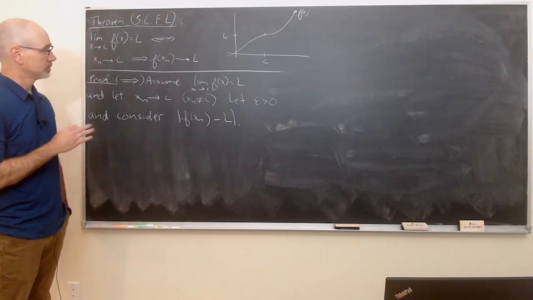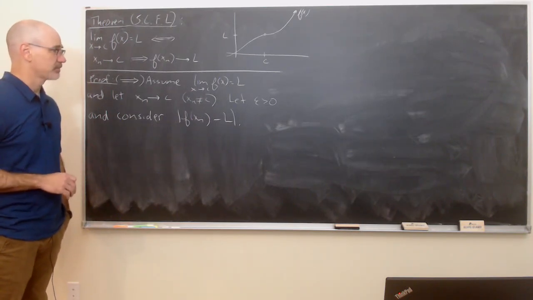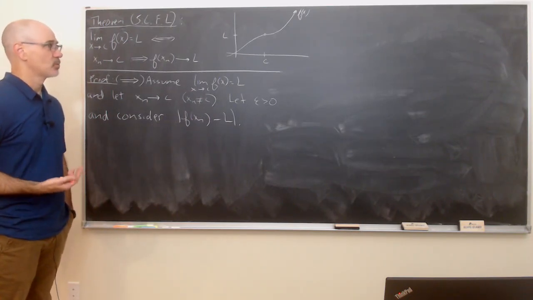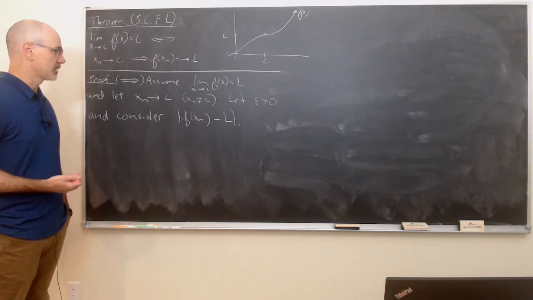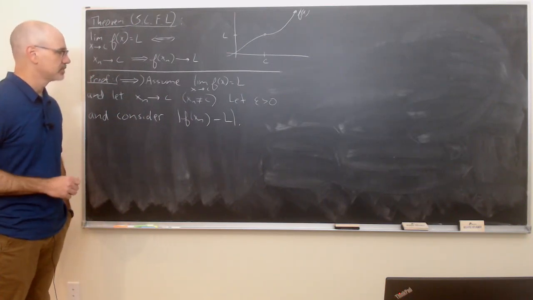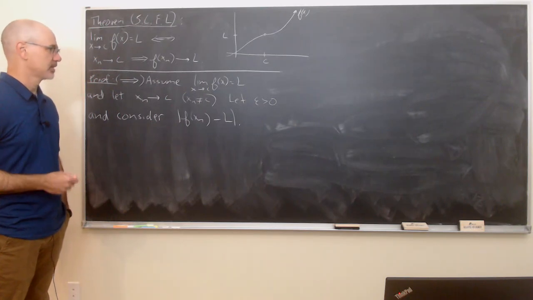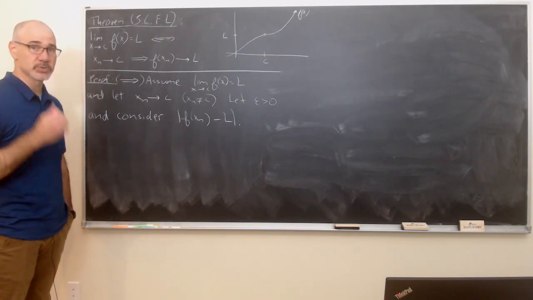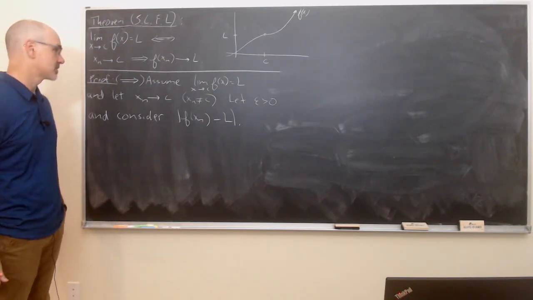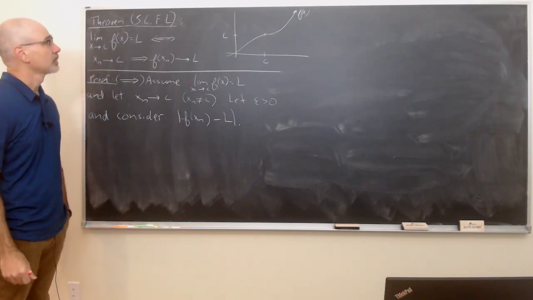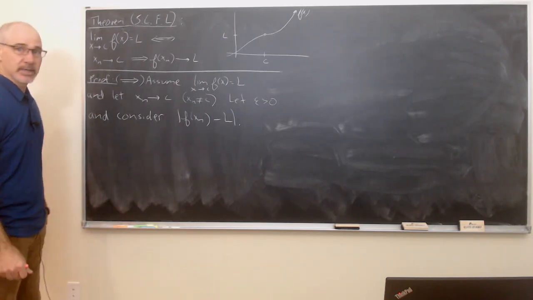Now we'll talk about exactly how that works after we prove at least one direction of the theorem. For the second direction, I'll just refer you to the text, because it's the first direction that we're actually going to use in our test for limits that don't exist. All right, so what does the theorem say?